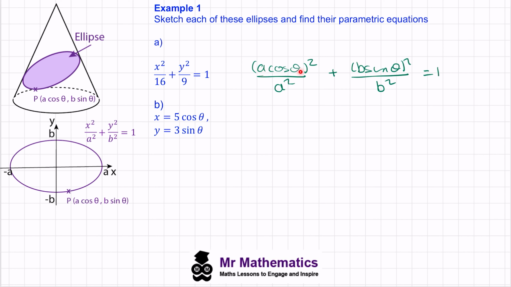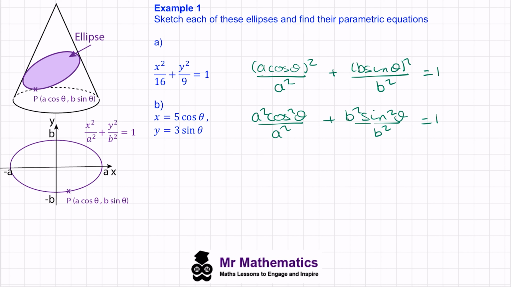We can square this out and we get a squared cos squared theta over a squared plus b squared sine squared theta over b squared. This equals 1. We can see the a squareds will cancel and the b squareds will cancel, and we know the trigonometric identity where cos squared theta plus sine squared theta equals 1. So hopefully that gives you an idea of how these parametric equations work.